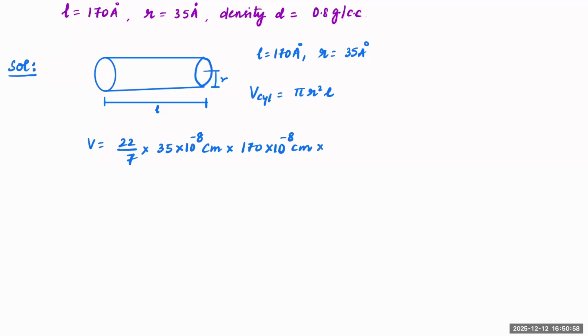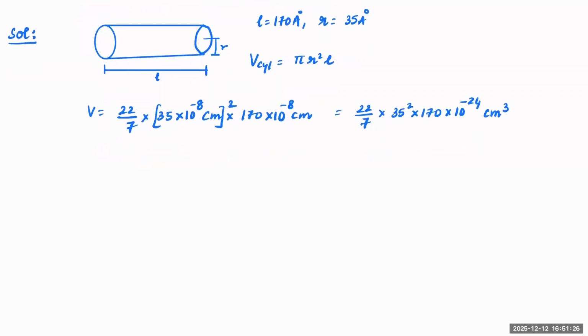So pi r square L here, so this square. Okay. So that's approximately coming out to be 22 by 7 into 35 whole square into 170 into 10 raised to power of minus 24 centimeter cube, or cc.